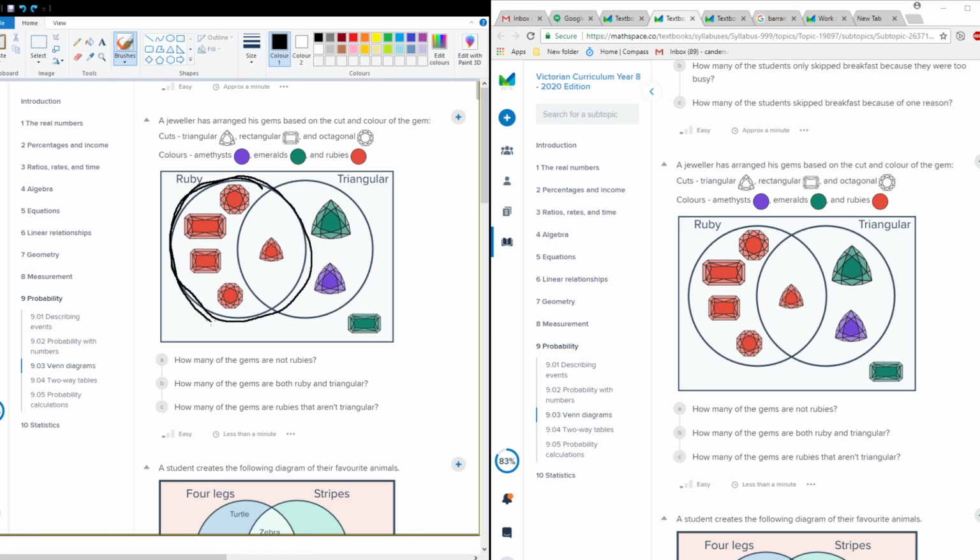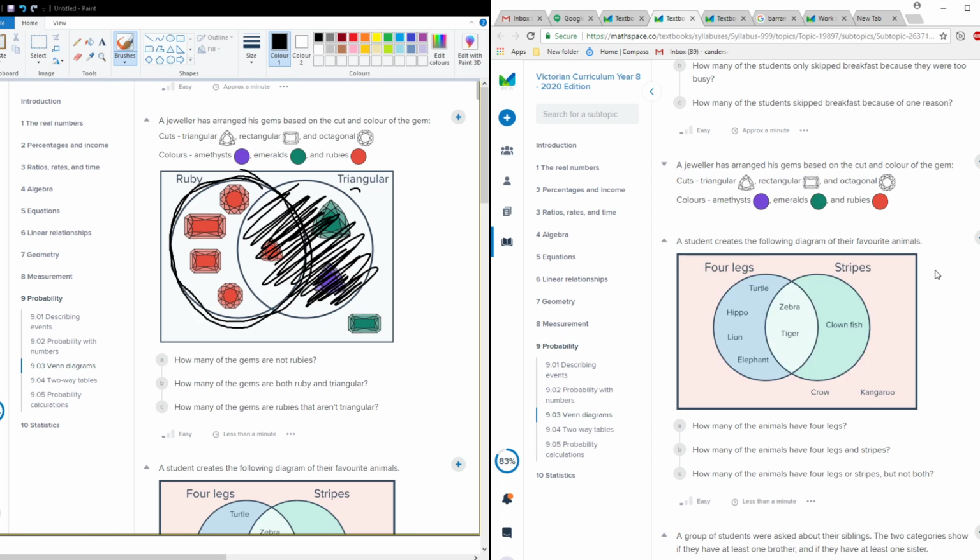So we want the ruby circle, but are not triangular. So we don't want the triangle section. So you can see that the answer would just be 4, because we wanted the ruby circle, but we don't want the triangle circle.